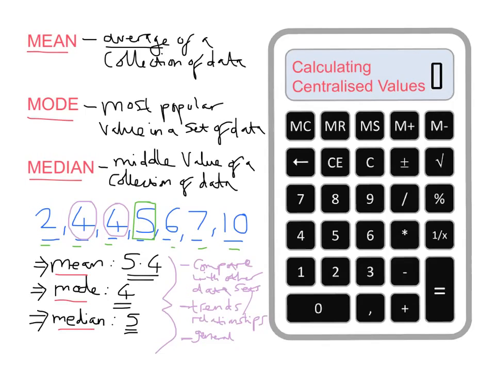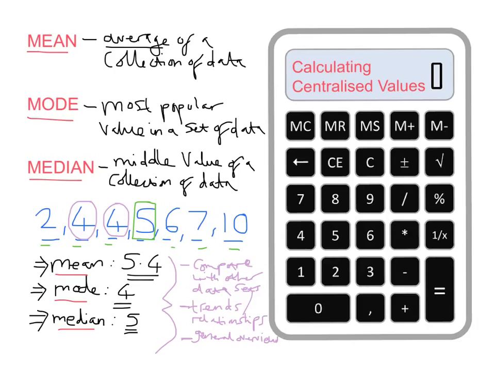So we'll just put there general overview, because when we make a conclusion upon this data, we can use these centralized values to essentially verify what we're saying to really give some validity to this conclusion. We can actually use data to support any arguments that we give, either for or against a particular point.